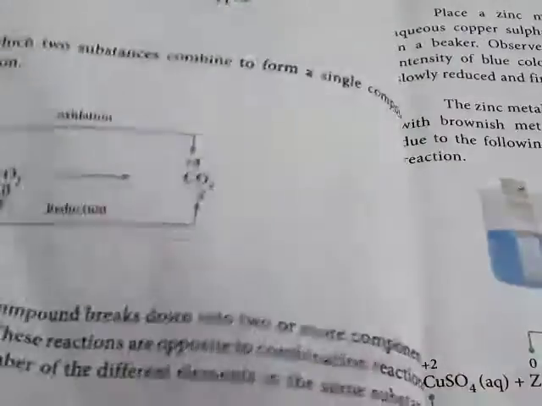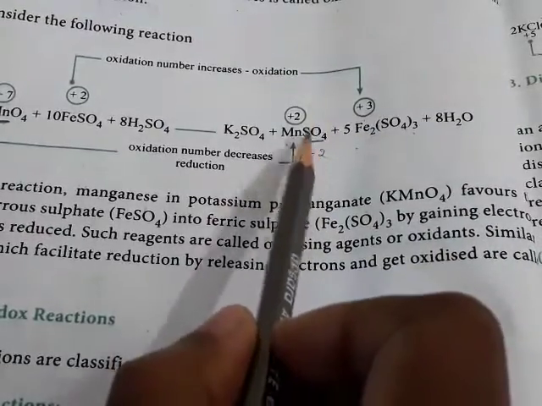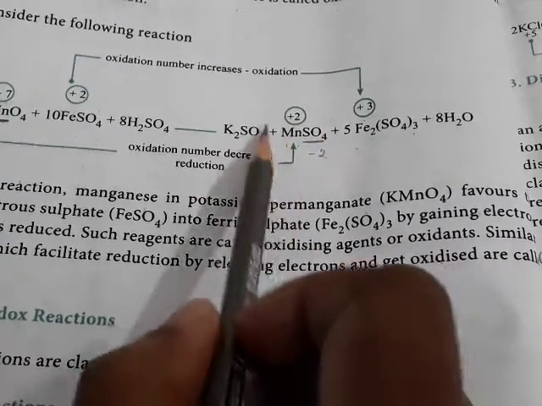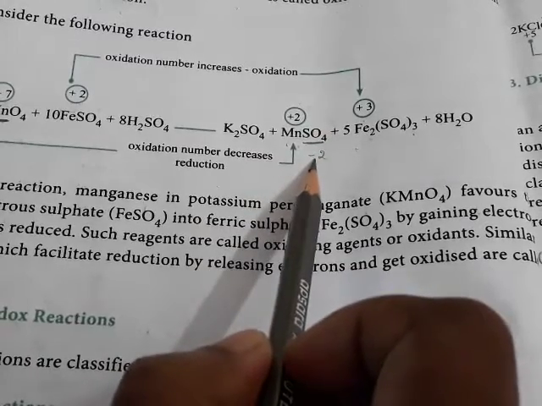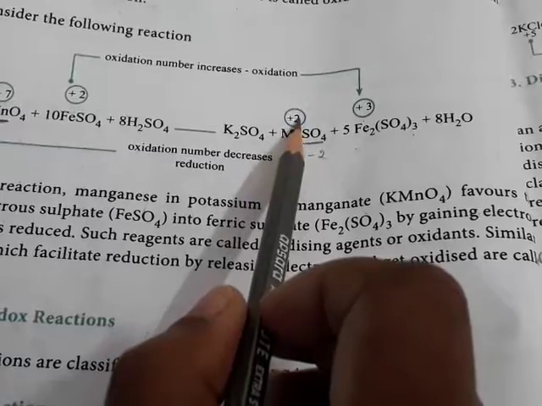So here the SO4 oxidation number is -2, and the compound is neutral. So if SO4 oxidation number is -2, then Mn oxidation number is +2. So Mn is in the +2 oxidation state.